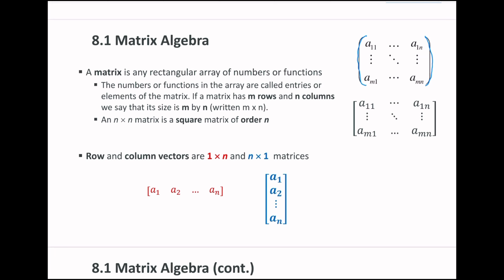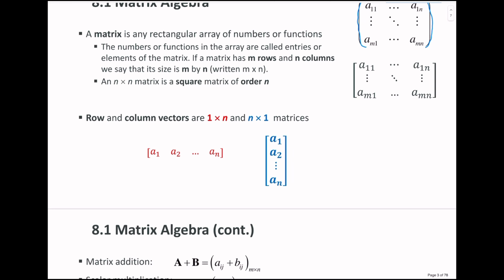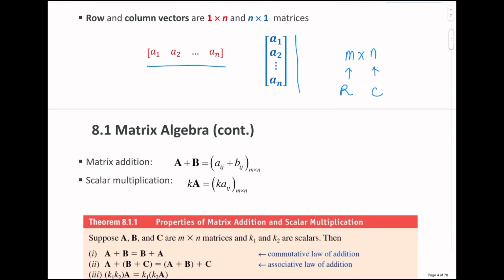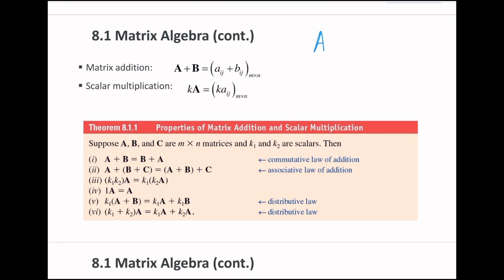A row matrix or row vector, or column matrix or column vector, can be represented as 1 by n or n by 1. In m by n, this is the row and this is the column. In your first quiz, after you do matrix algebra, give me the number for a sub 3,2.